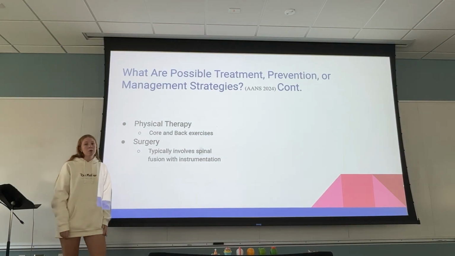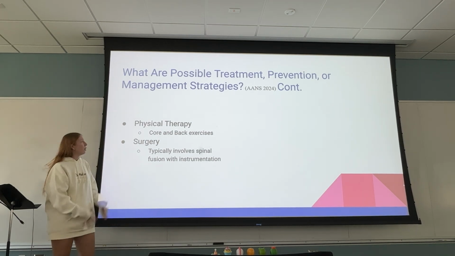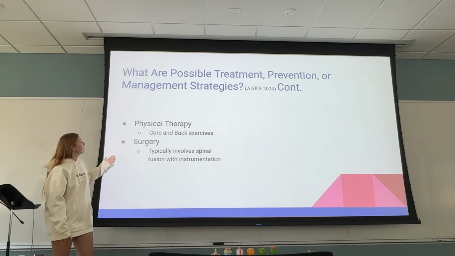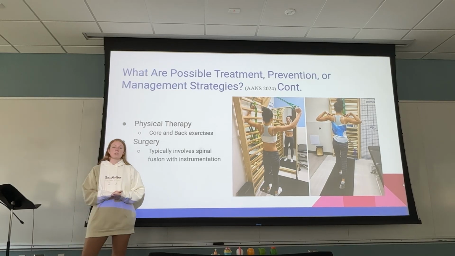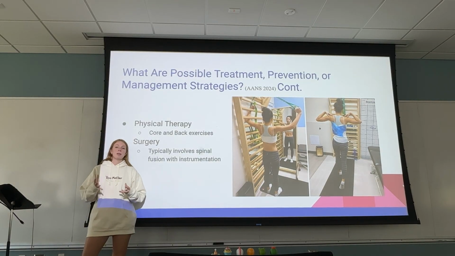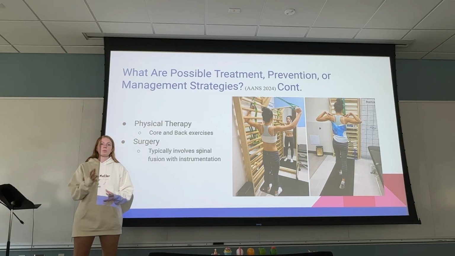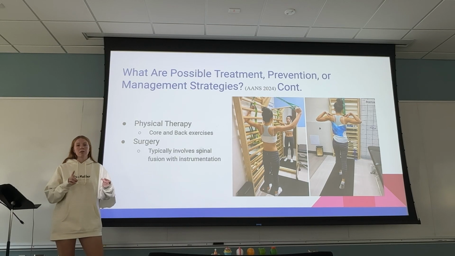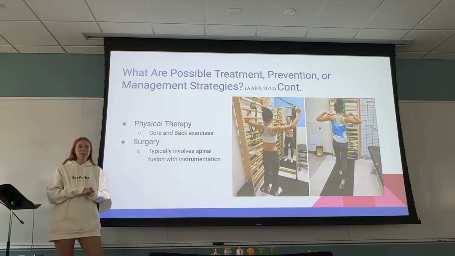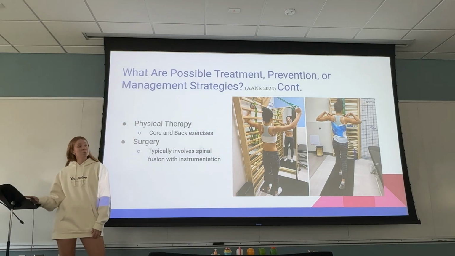And then another way that it can help with treatment, management, or prevention is through physical therapy, and this can be through core and back exercises to help strengthen the muscles, which can then be stronger to get the spine back into the correct positioning. Exercises could also be posture strengthening or walking exercises to help it be more comfortable.